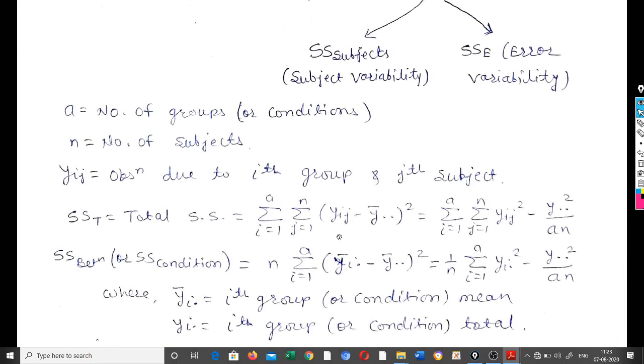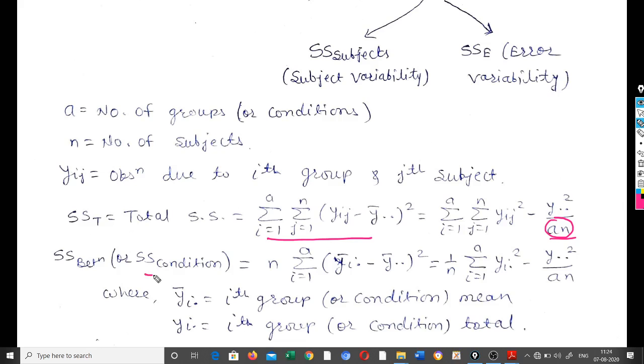Consider SST, the total sum of squares. It is obtained by using this formula: double summation of Yij minus Y bar dot dot, squared. In terms of the correction factor, this formula will be: double summation Yij squared minus the correction factor, where an is the total number of observations and Y dot dot is the grand total.